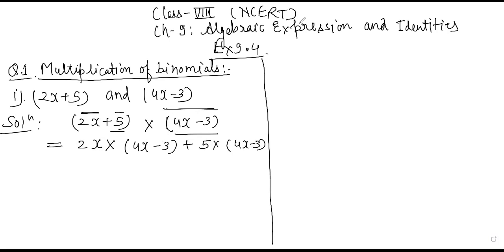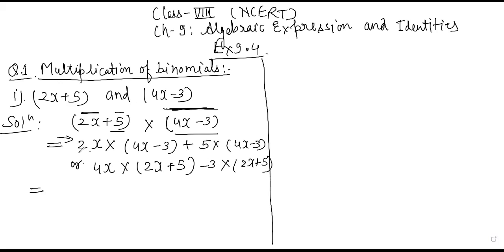Or, if you want to take this one as the first bracket, you can do it this way also: 4x multiplied with 2x plus 5, and minus 3 multiplied with 2x plus 5. Both the steps will be fine, so you have to do any one of them. I am solving with this step. Both steps are the same, don't worry.